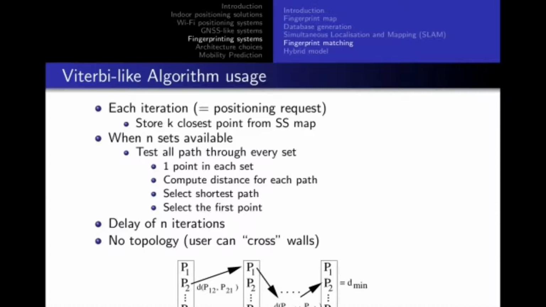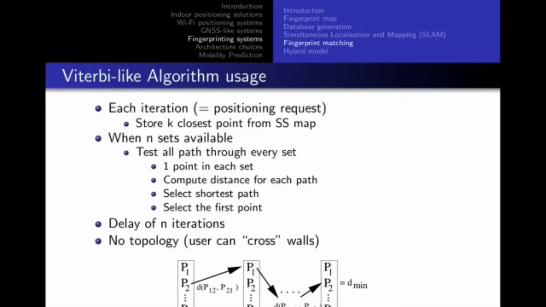Then, when we have n sets available, meaning we received n positioning requests and have n sets of k points, we test all paths through every set. Each path must have exactly one point in each set.